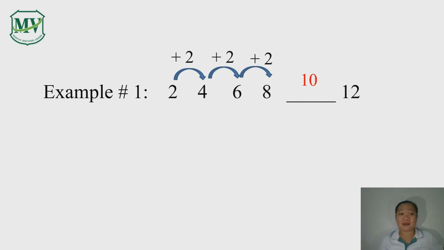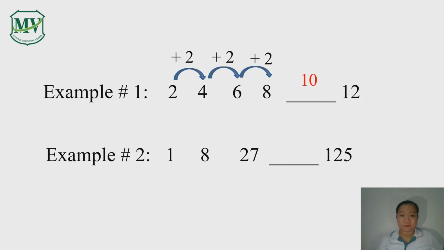Very good. Now let's take example number 2. What did you notice? We start from 1 going to 8, 8 going to 27, and we have the missing number, followed by 125. What could be the missing number? What does our pattern show?